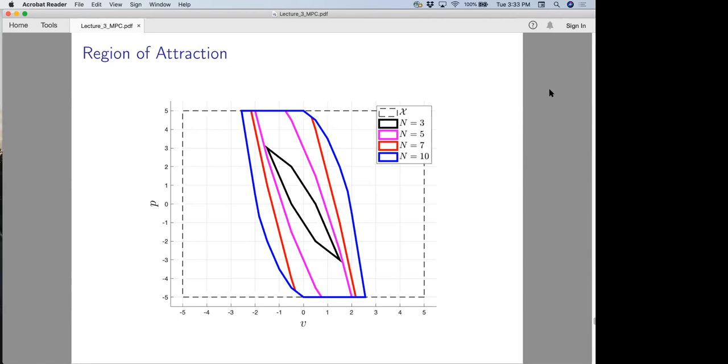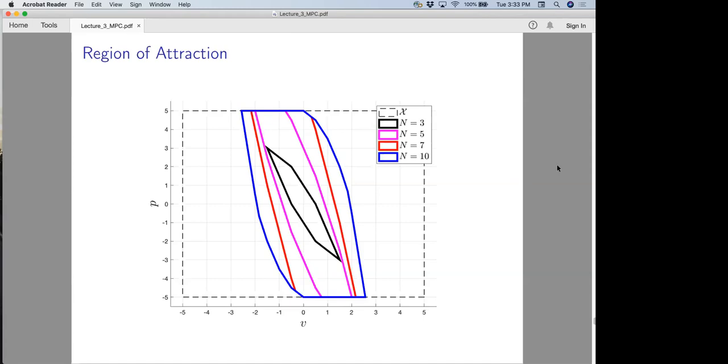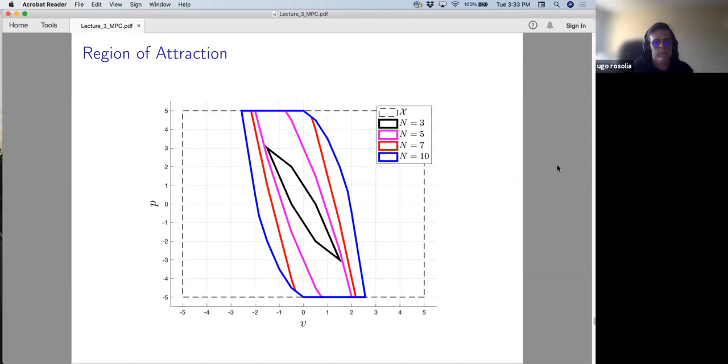Okay, thanks. That makes sense. The key point is that the feasibility set is a function of your horizon. What I'm thinking about relates to the previous question about path planning algorithms and where you use MPC versus path planning.